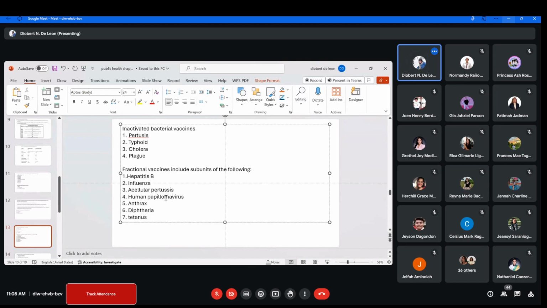The toxoid fractional vaccines here are the diphtheria and the tetanus, as I mentioned. So these are the fractional vaccines subunits.